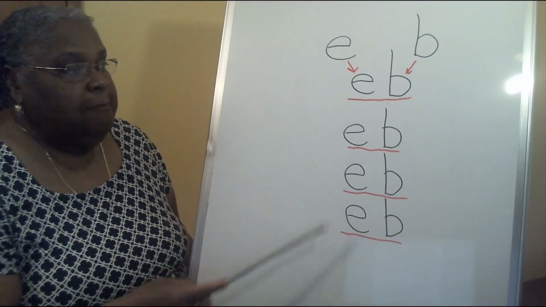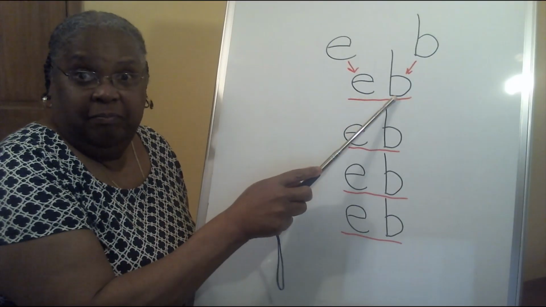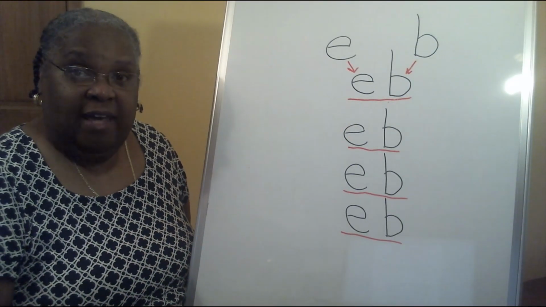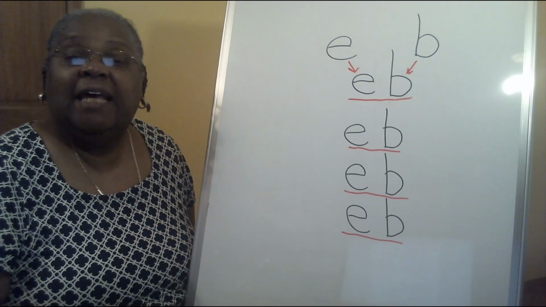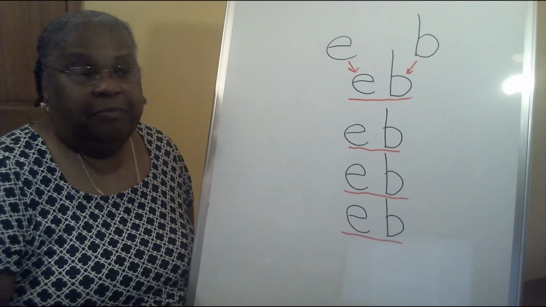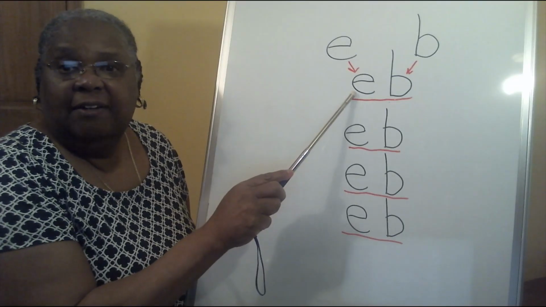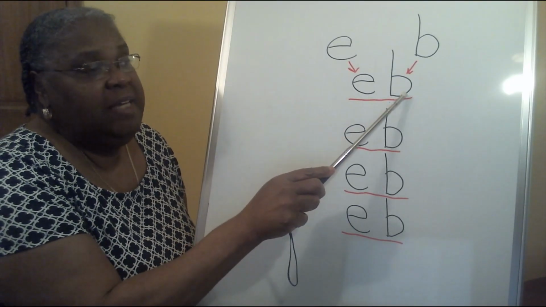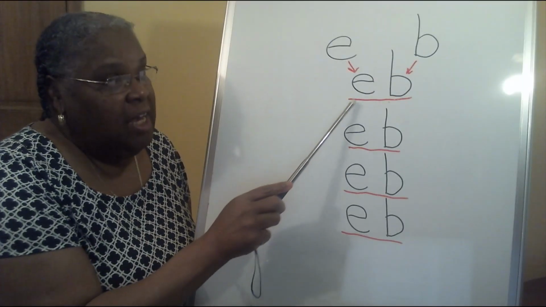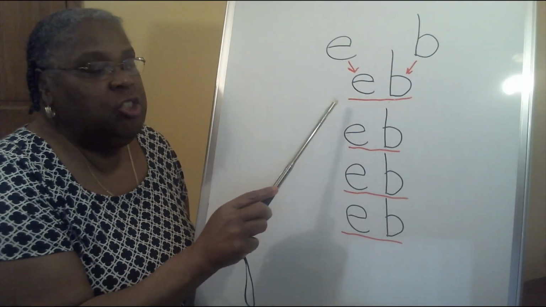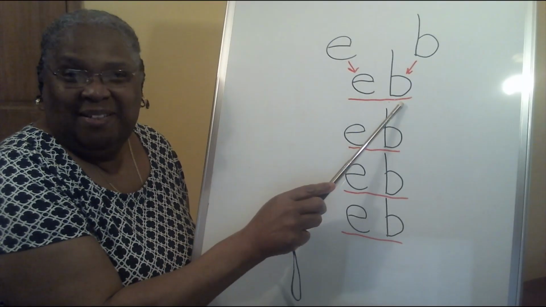In the blend EB, when the blend is read, each letter makes two separate sounds. Let us sound out the blend together. Say the E sound, eh. Say the B sound, b. Now say the E sound and the B sound together smoothly, ebb.